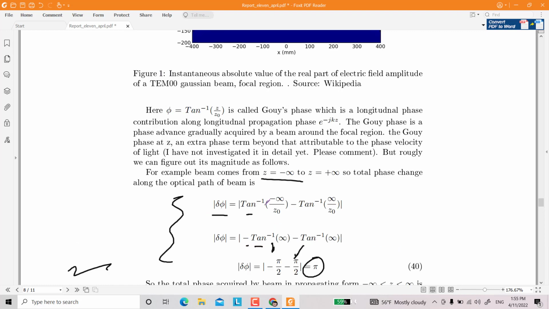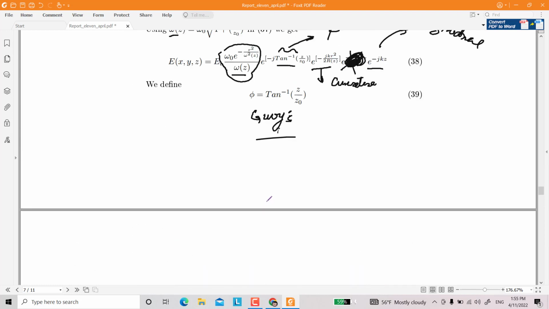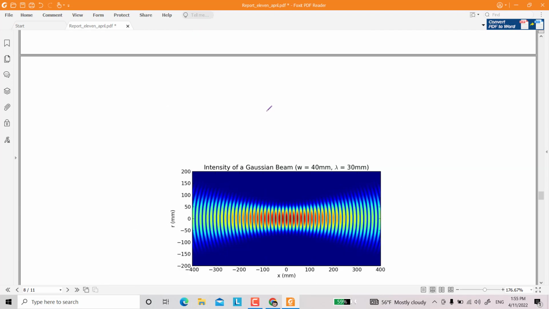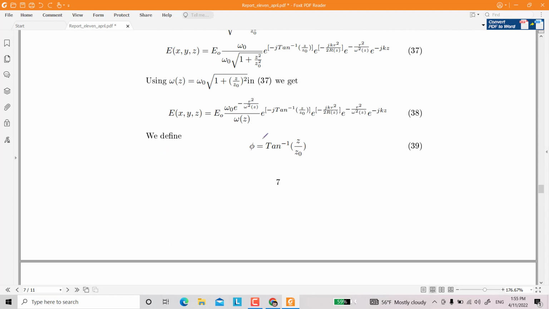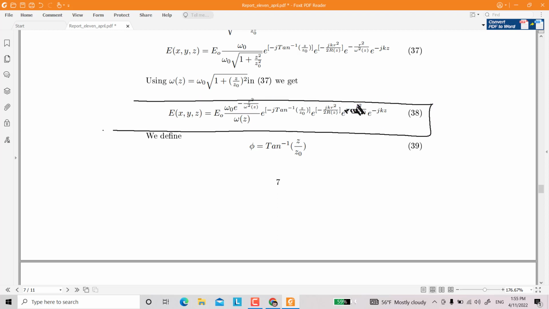So now that we have the complete solution of this Gaussian beam, which is derived from the paraxial approximation in the Helmholtz equation, while treating our beam to be cylindrically symmetric, or you can say while using the cylindrical coordinate system, we get this solution, which is equation number 38. Apart from this redundant thing, this is the phase.